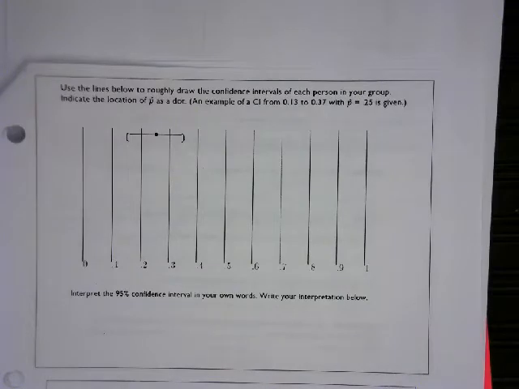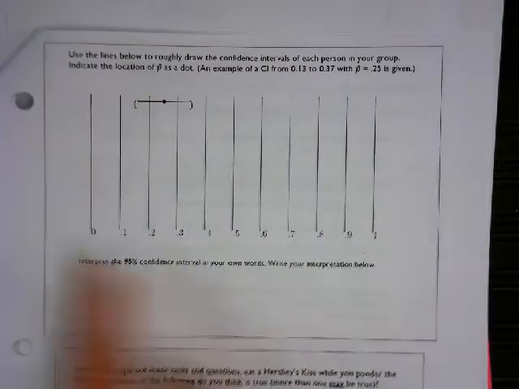Now, what we're going to do is you guys are going to come draw your confidence intervals. So I'm going to show you how it's done. Down here, we have from 0 to 1. Your p hat, your point estimate, is where the dot goes. Lower and upper.